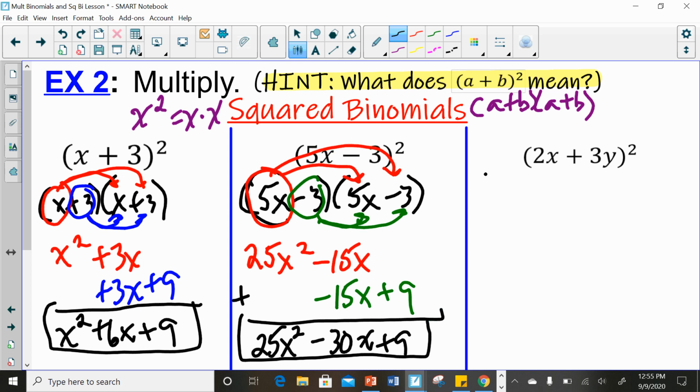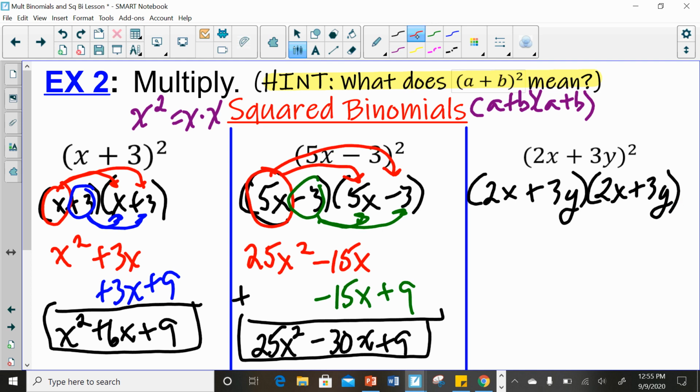All right, and then this last one has 2 different variables, so be careful when you're multiplying those out. I'm going to multiply through this 2x all the way. So 2x times 2x is 4x squared. 2x times 3y is 6xy.